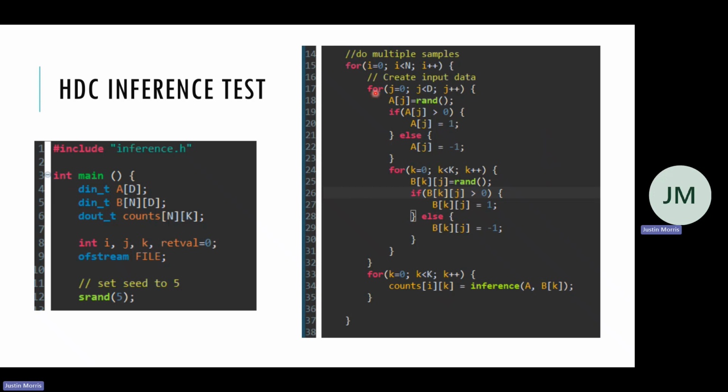And then all this code is doing is looping through the samples, generating a new vector, and then here it generates a new B vector.